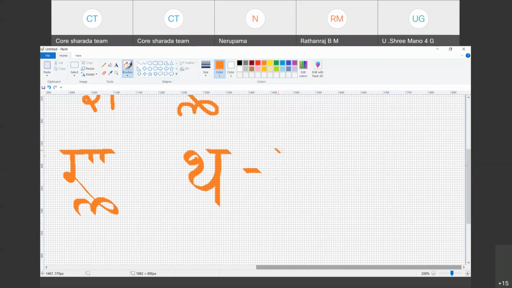For this, we draw the Shirorekha first, and then we draw the letter.